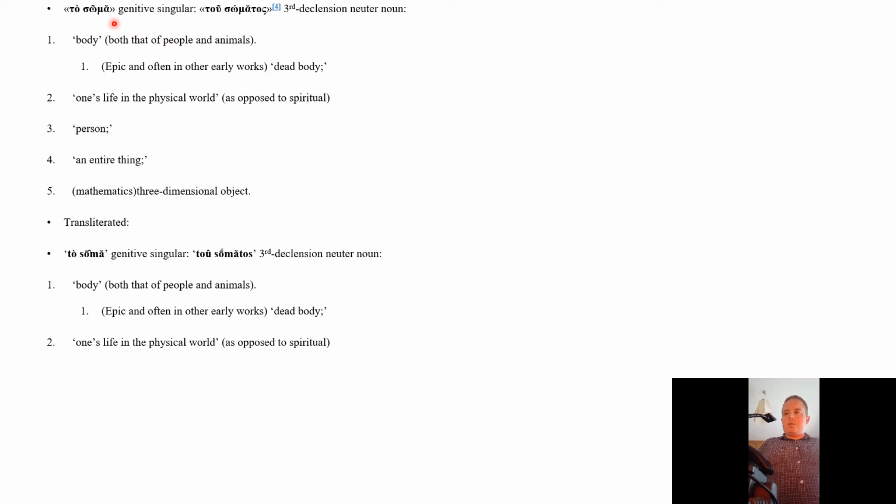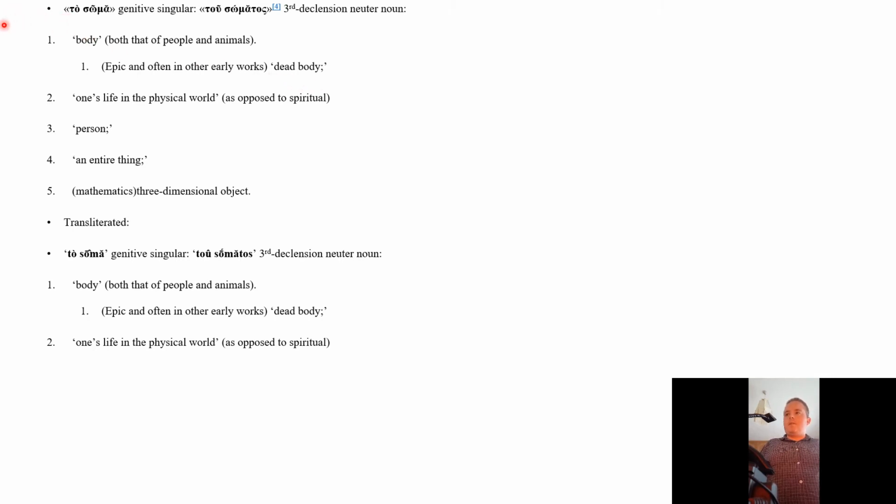And I was wondering, because in epic and often in other early works it means a dead body, and then we have in Soylent Green the food stuff that they were eating was made out of dead bodies, and I wonder, does it stem back to the Greek word soma?